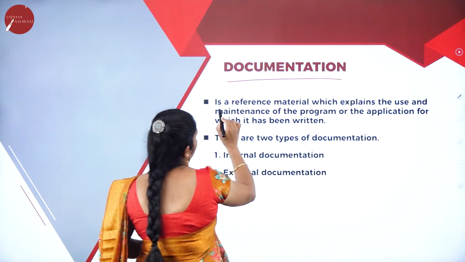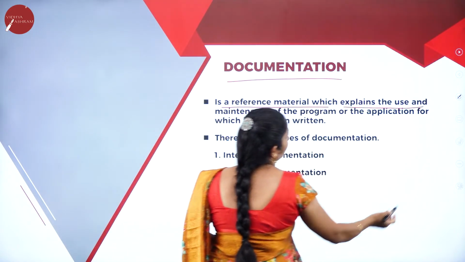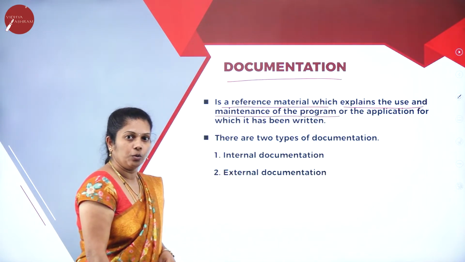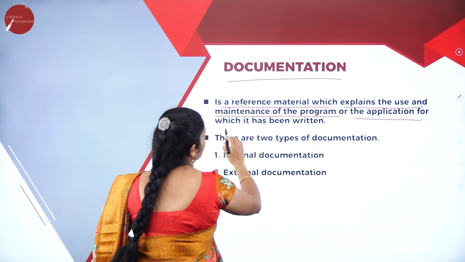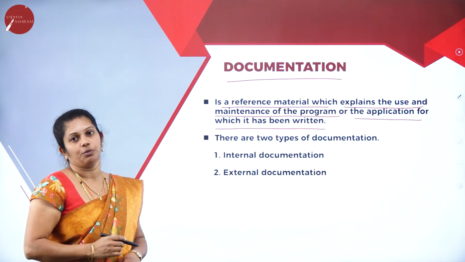It is a reference material which explains the use and maintenance of the program: how we are using it, how we are maintaining it, or the application for which it has been written, for which purpose we are doing this program.